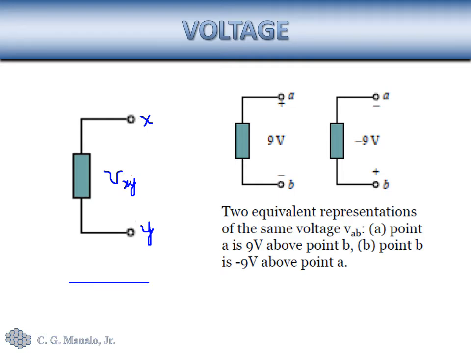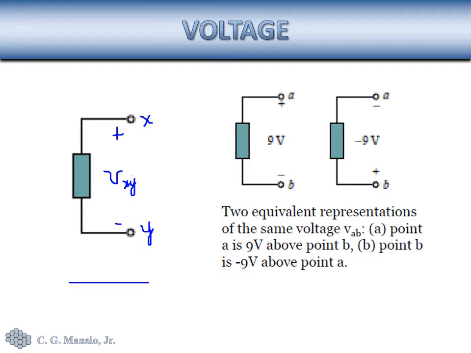But in most cases, it is not yet obvious or defined where the positive and the negative are. But in labeling the voltage across the element, it is always necessary to show where the positive and the negative are. So let's say in this illustration, we assume X to be more positive than Y.